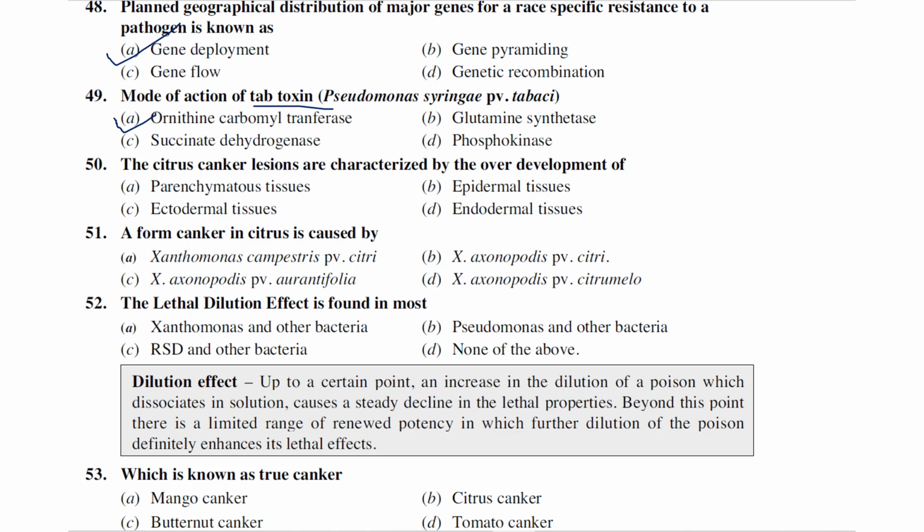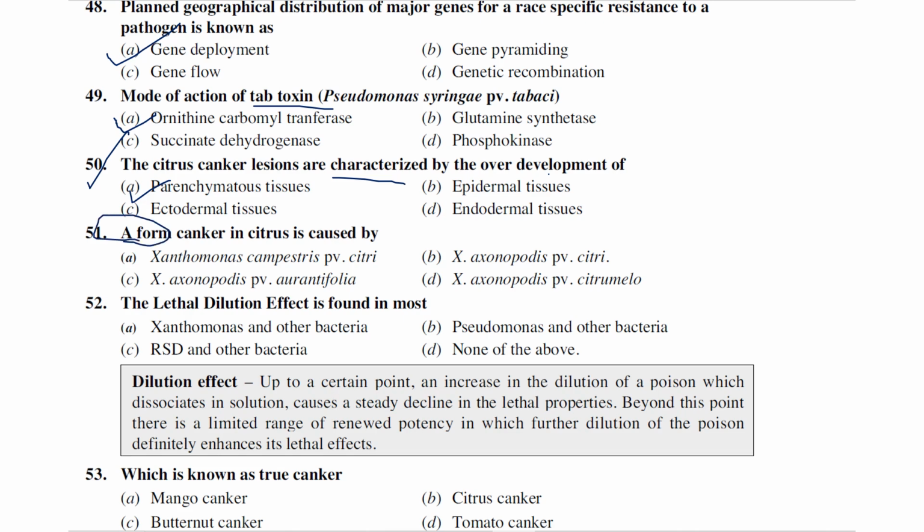The citrus canker lesions are characterized by the over development, not deployment, of parenchymatous tissues, epidermal tissues, ectodermal tissues, and probably parenchymatous tissues, I'm not sure. Just please take a look. A form of canker in citrus is caused by, I don't know what is the meaning of this question.